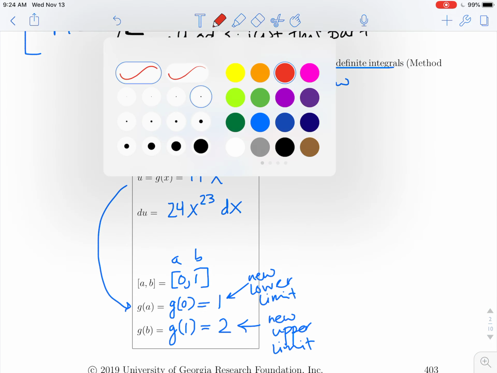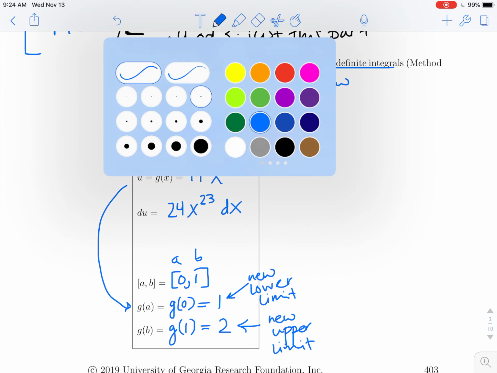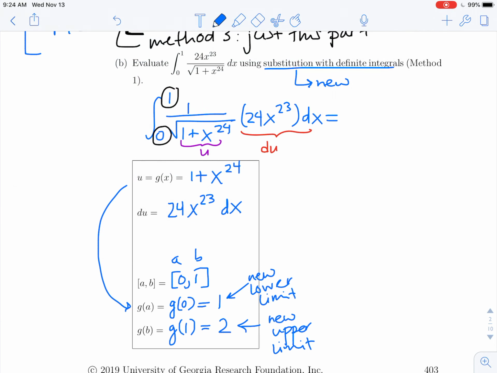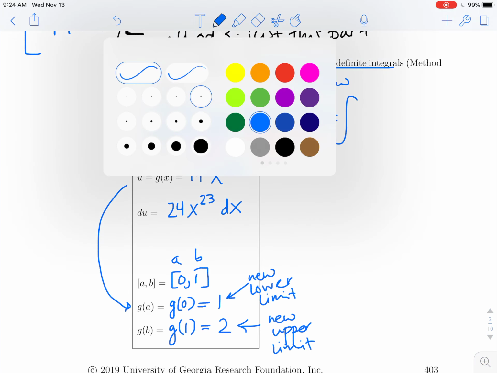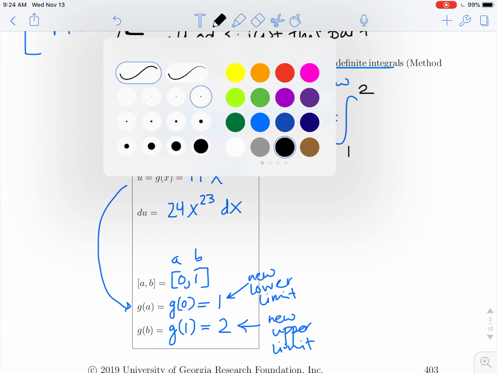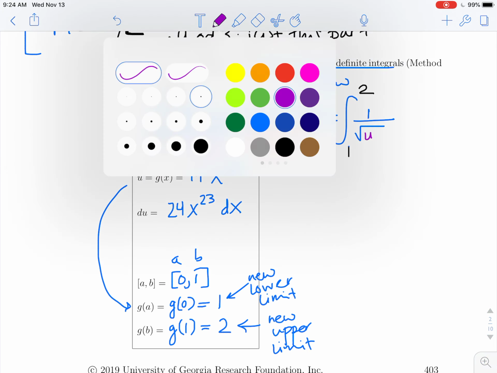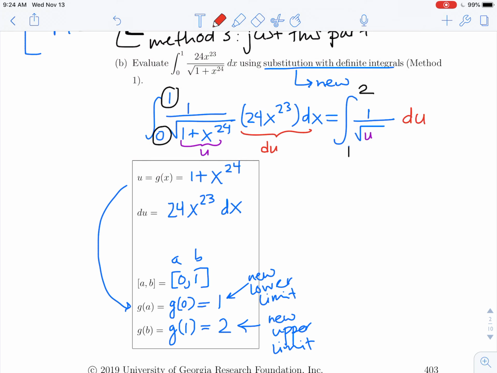And then we need to remember to change the limits of integration. All right, so our new definite integral is going to go from 1 to 2. It's going to be 1 over square root of u du.